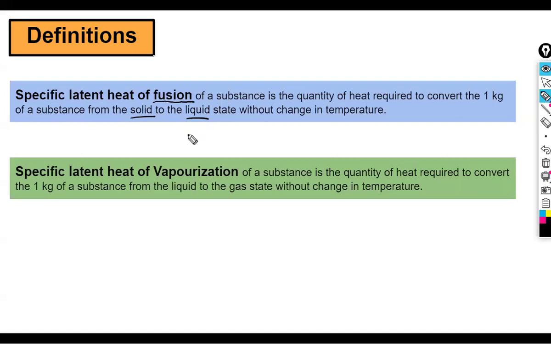I have it written here. And the vaporization latent heat, once again, has nothing to do with change in temperature, only change in state. But this one deals with liquids and gases, like a liquid turning into a gas or the gas changing back to the liquid. All right, so these are the 2 definitions.